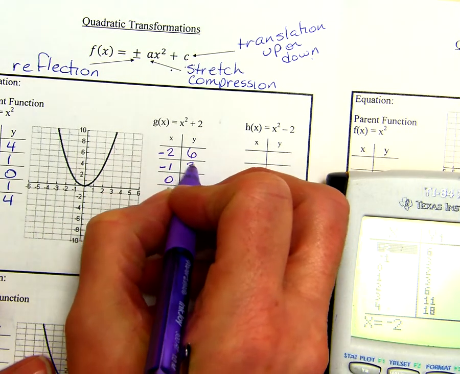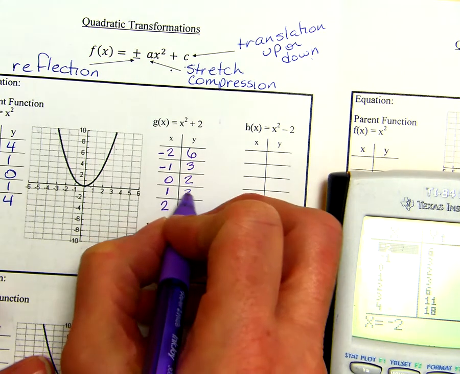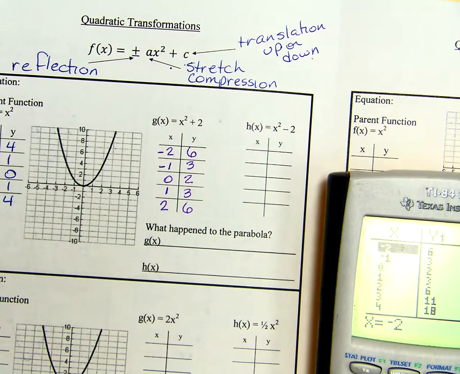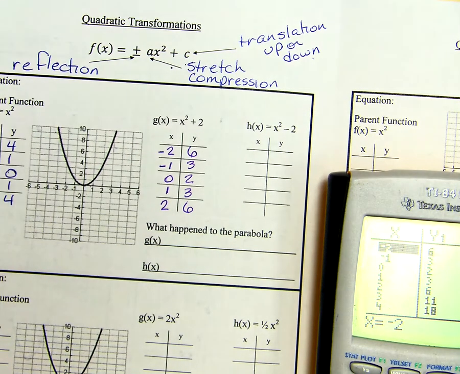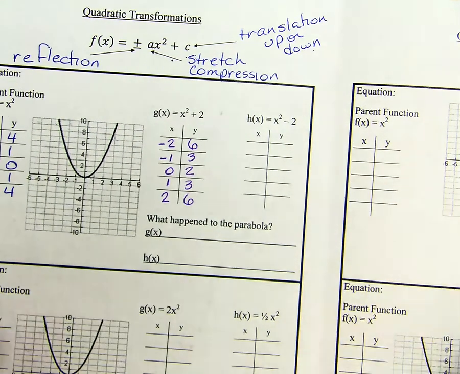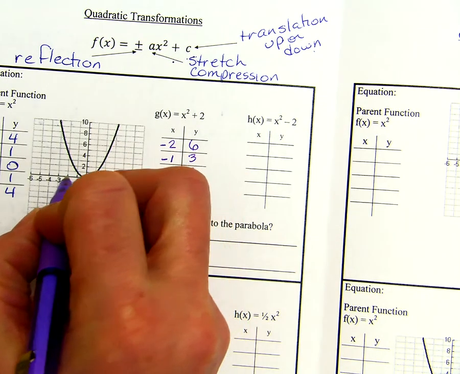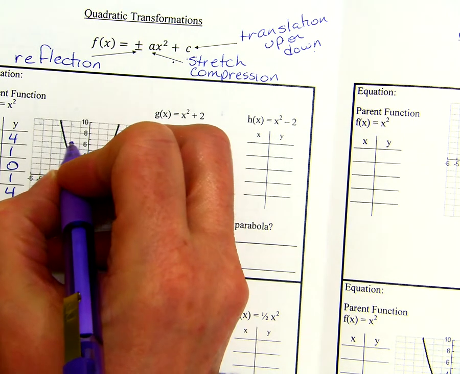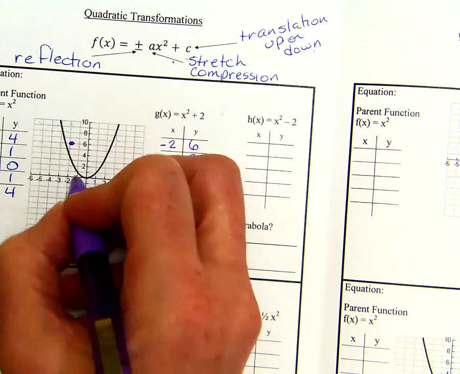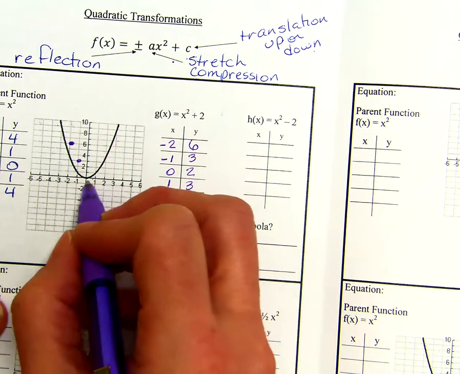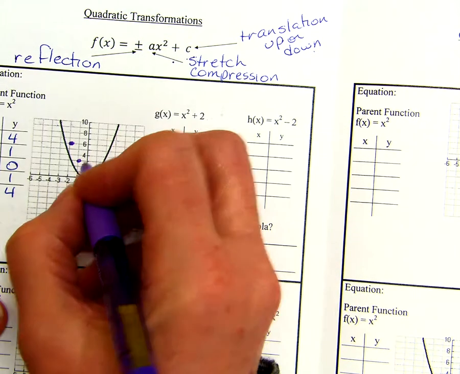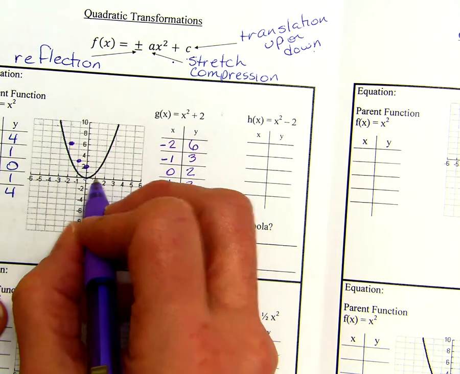We get 6, 3, 2, 3, and 6. So these will be the points that we are going to plot to see what g of x looks like. So we go to -2 and we go up 6. We go to -1 and we go up 3. We go to 0 and it goes up to 2.